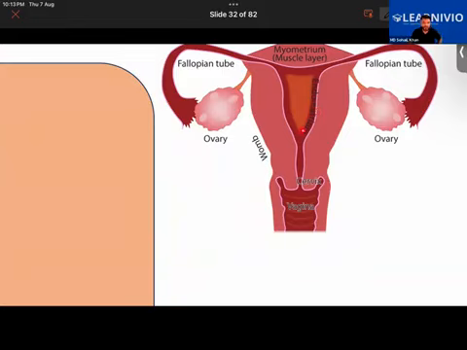On an average, the duration of this menstrual cycle is about 28 days. This cycle starts at puberty around the age of 10, 11, or 12, and by the age of 45 to 50 or sometimes 55, this cycle will stop in females.